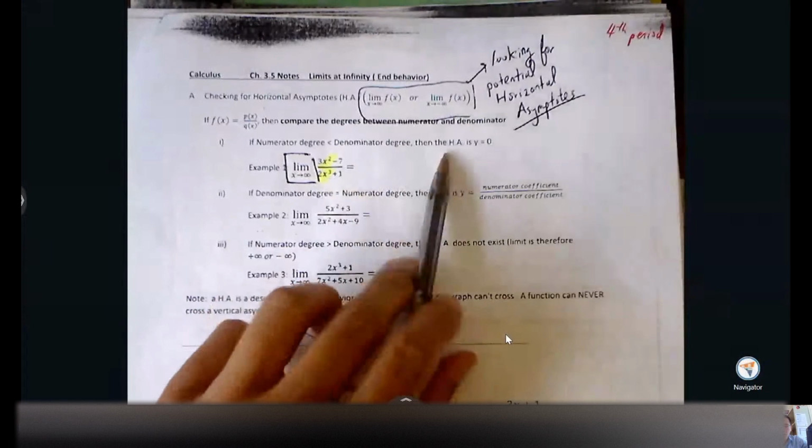In this first scenario, the numerator has a degree of 2, the denominator has a degree of 3. The numerator is less than the denominator. So whenever the denominator is the higher degree, our horizontal asymptote is always going to be just 0.